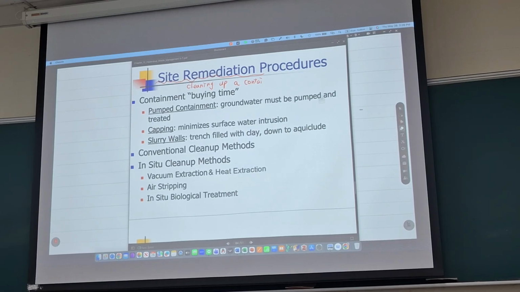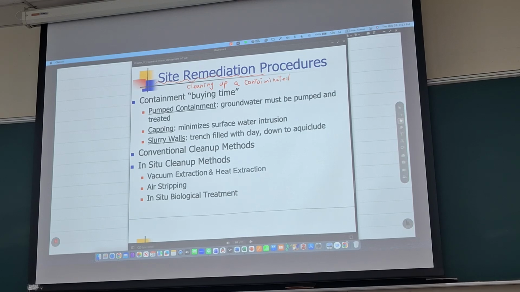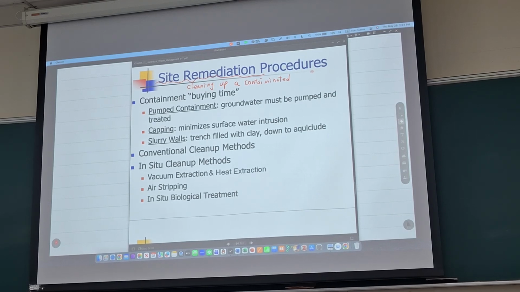Site remediation means cleaning up contaminated sites.